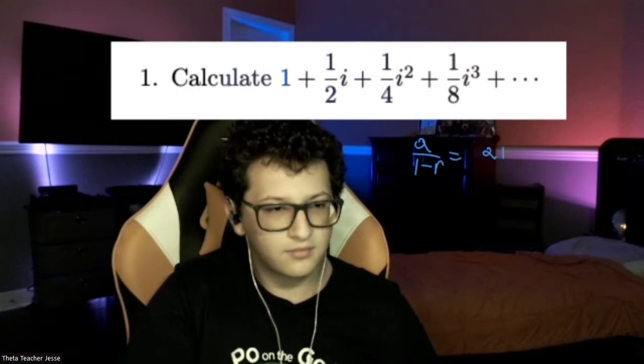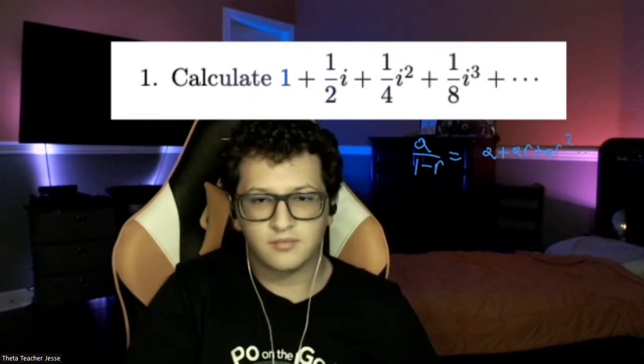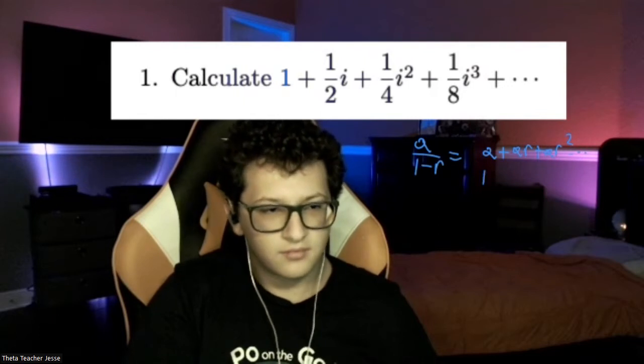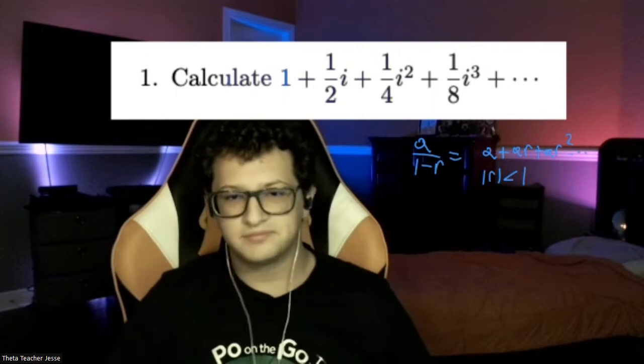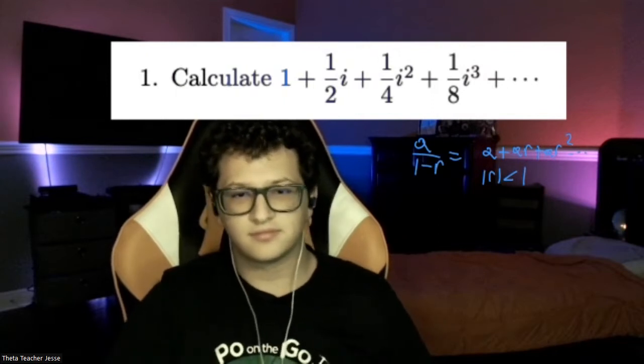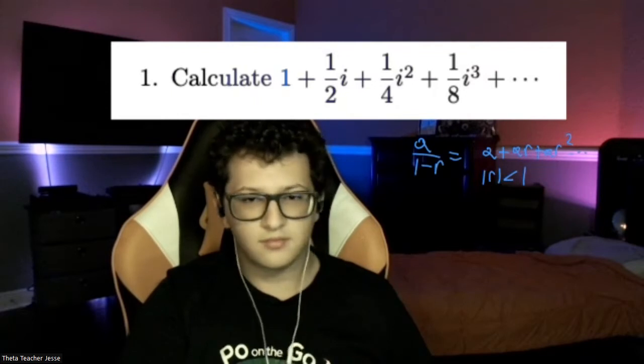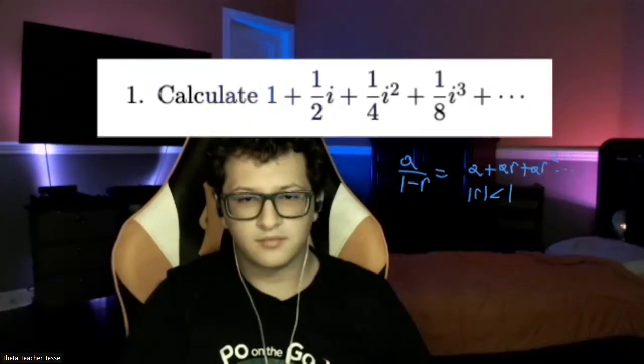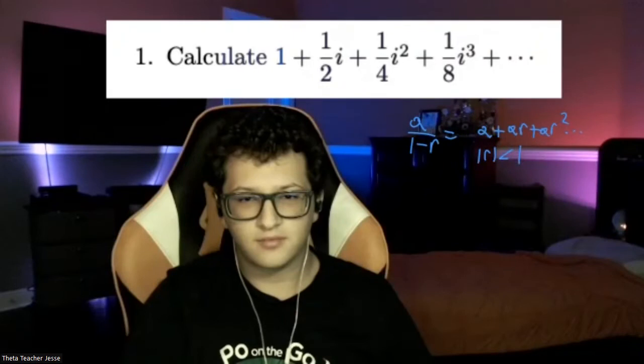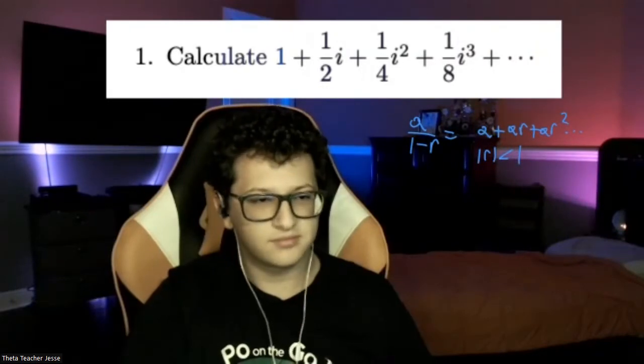So a is the first term of the sequence, and r is going to be the common ratio. So he's written a plus ar plus ar squared plus so on, where it's given that the magnitude of r is less than one.